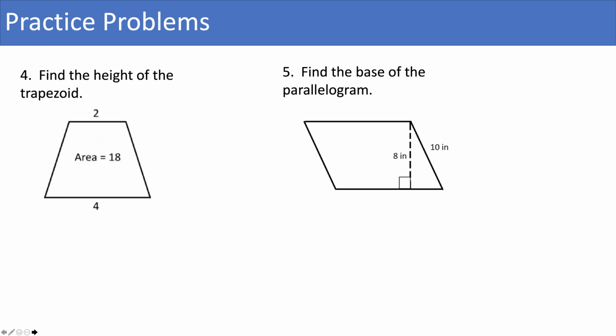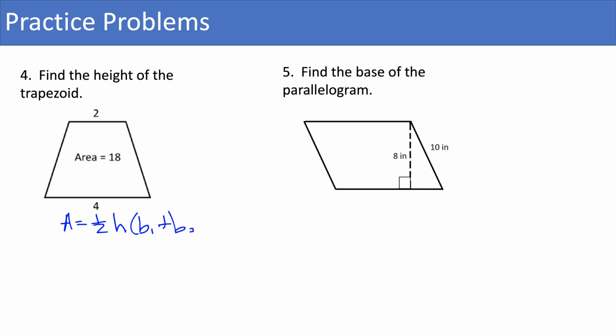Okay. 2 more problems. Now let's see what this is. Find the height of the trapezoid. Okay, this is different. So, find the height of the trapezoid. Well, I know the formula is half height times base 1 plus base 2.